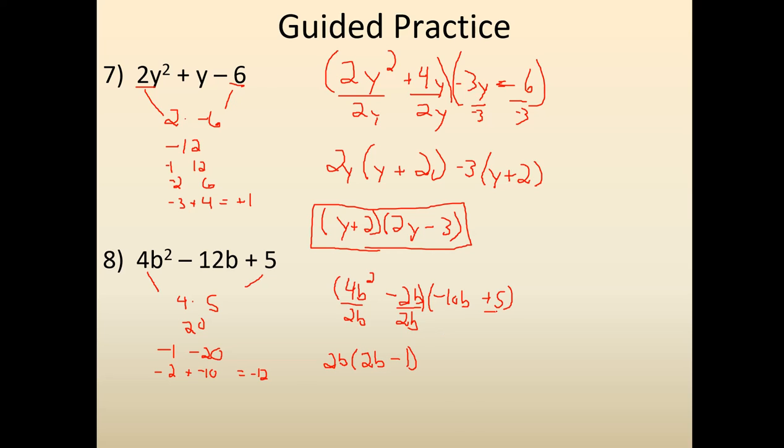Over here, my greatest common factor will be -5. So when I pull that out, I'll be left with a 2b minus 1. 2b minus 1 is my common term. So that'll be 2b minus 1. And then I'll be left with a 2b from that term and the -5 from this term. And that's it.